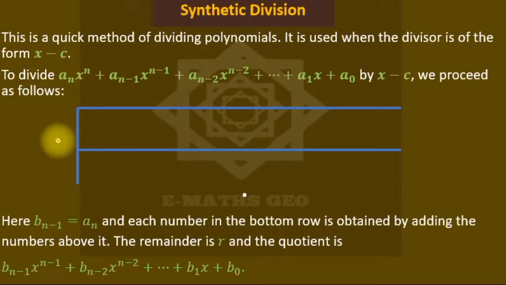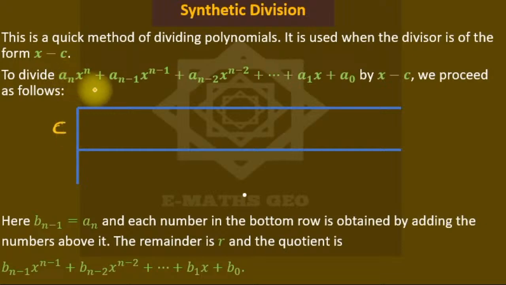So I'm going to do the algorithm of synthetic division. So what do you have to do? What is here is minus c, so we'll write positive c since it's minus c. So whatever the sign here, you change it here.